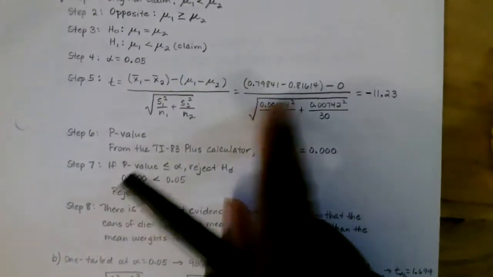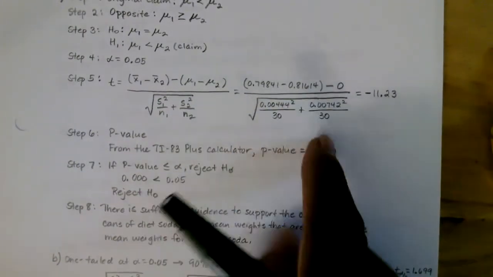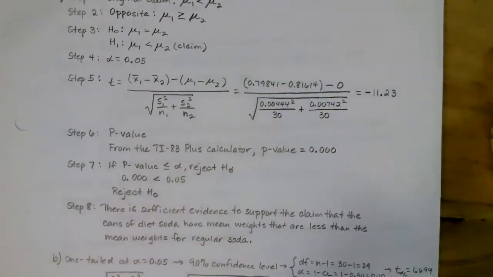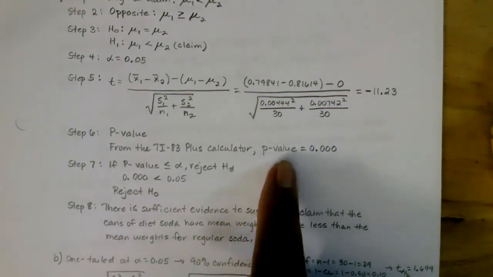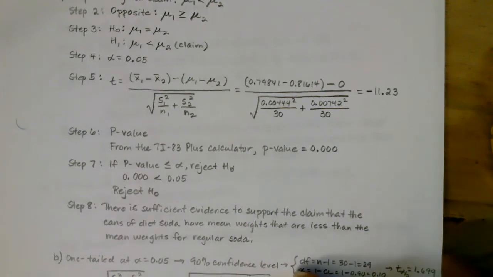I substituted those values here to get negative 11.23. But when I got to step 6, I had to use the TI-83 or 84 Plus calculator to get my p-value to 3 decimal places.